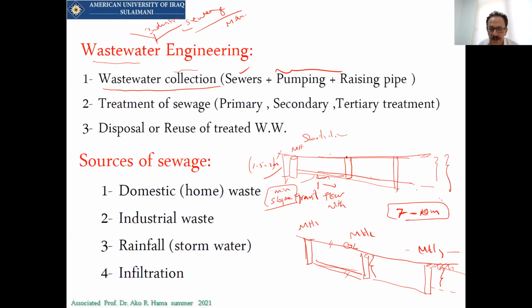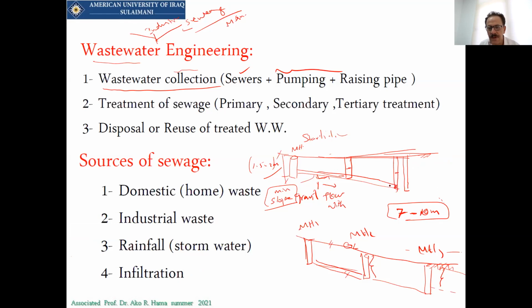While when we have a flat area like here, you will reach a distance. So what should we do? We will use a manhole, and there will be another manhole beside this one.